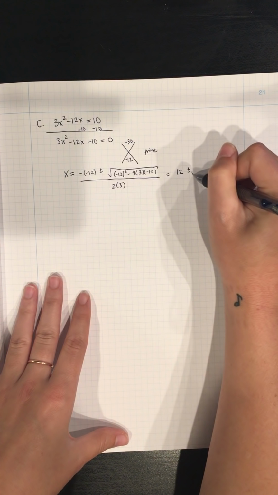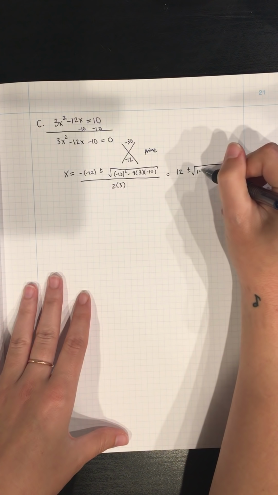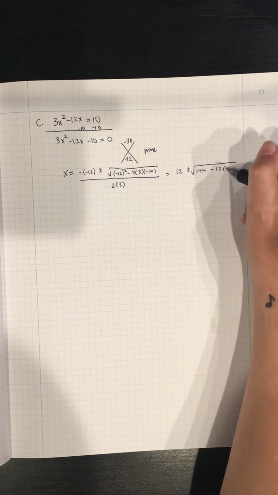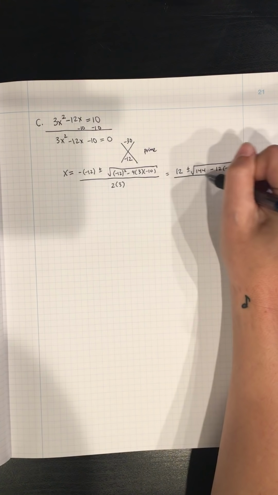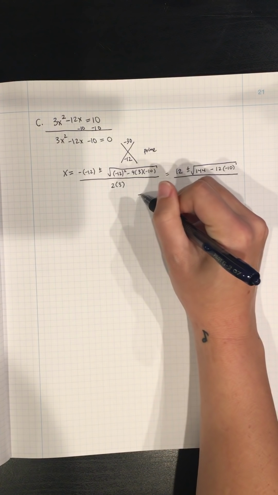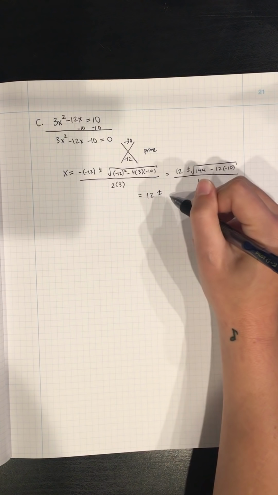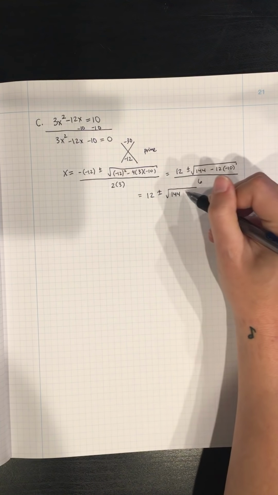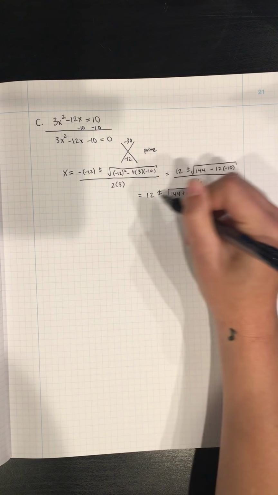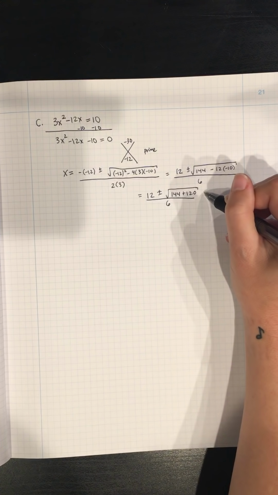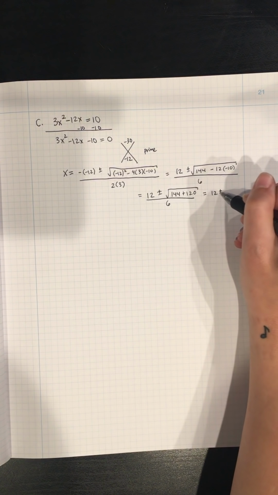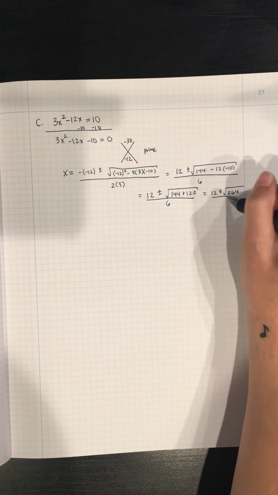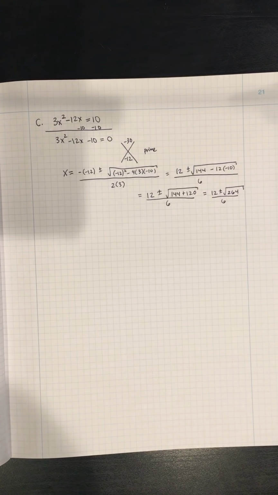This is 12 plus or minus, negative 12 squared is 144, and this is minus 12 times negative 10, which is 12 plus or minus the square root, so this is 144 plus 120, all over 6, which equals 12 plus or minus the square root of 264 all over 6.